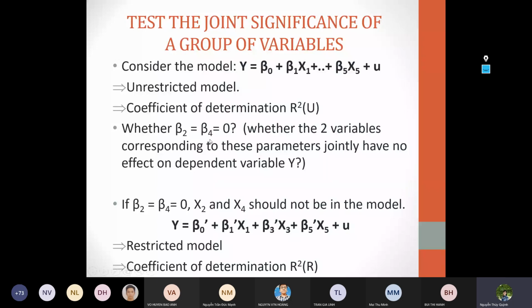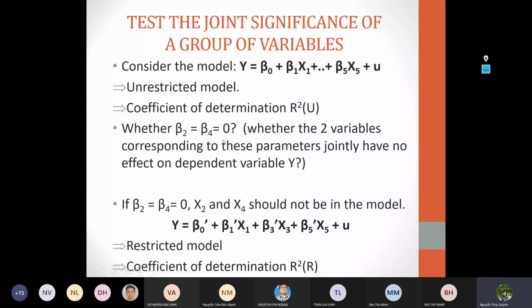In this model, we still have x2 and x4 in the model, which means that the model is not restricted by this hypothesis. That's why we still have x2 and x4 in this model, and that is why we call it the unrestricted model, which means it is not restricted by the hypothesis here.